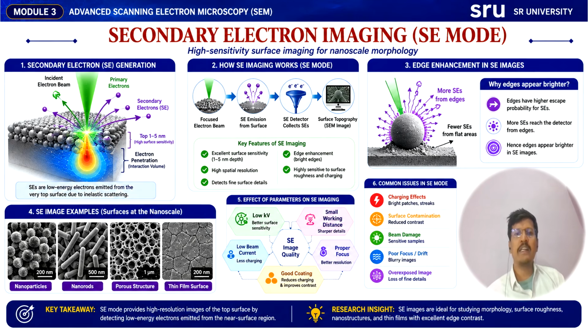For many nanomaterials studies, secondary electron imaging serves as the first step to understand the material structure and morphology.